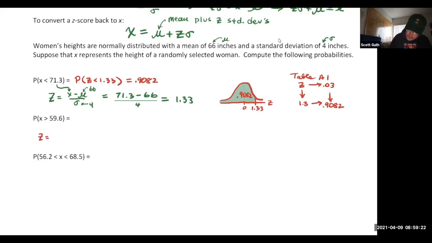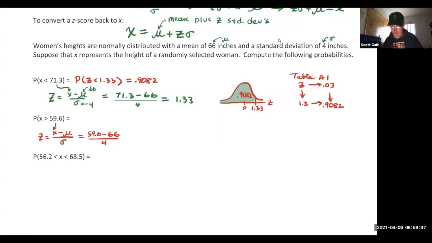And the mean does not change until someone changes to a different population. The only thing that changes is the value of x, which is the boundary point, this 59.6. Okay, but the mean will still be 66, and the standard deviation will still be 4, like that.